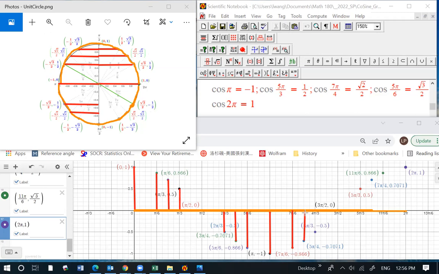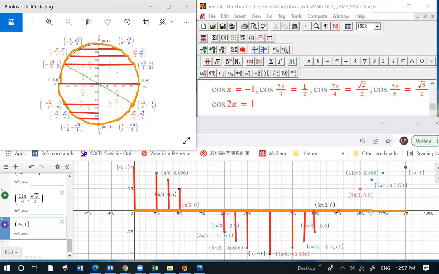This red I just drew is negative root 2 over 2, which is the same as this guy. And the last one on the third quadrant is negative half. So this is negative half. Okay, and there's this 3 pi over 2 that's going to be 0, so that's not a problem. 3 pi over 2 right here.